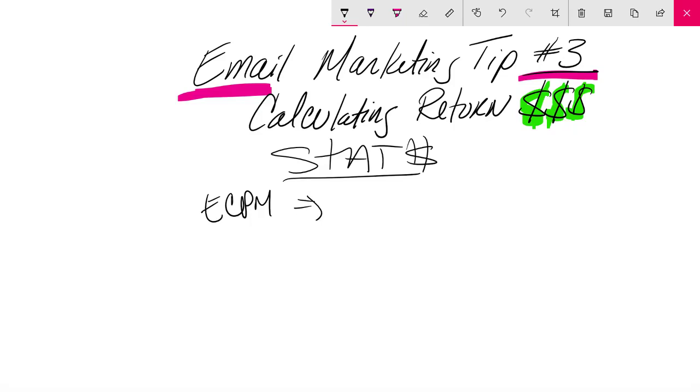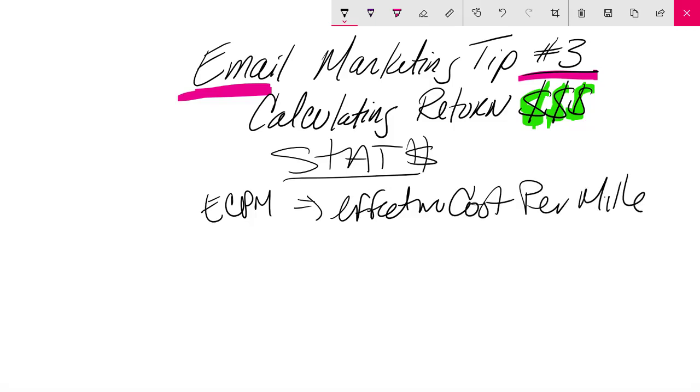Okay, now in the online world, this is known as the effective cost per mil. And sometimes this is also referred to in email marketing as earnings cost per mil, okay? Because essentially what you're trying to do is derive the earnings that you're going to generate going forward.